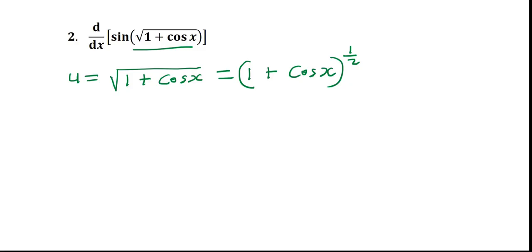So now we are going to take the derivative of u with respect to x. To do that, we simply need to differentiate this by switching this power over to this side, then subtract 1 from 1/2.